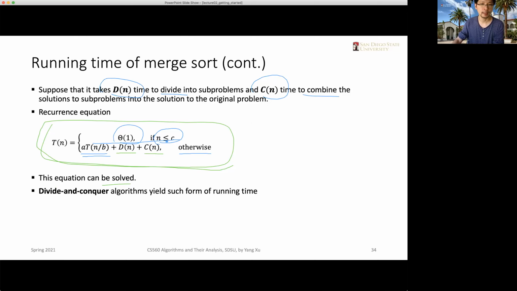Basically, all divide and conquer algorithms can yield such a form of running time, because whenever we divide and conquer, we need to consider the cost of divide and combine and also the cost for solving all the subproblems.